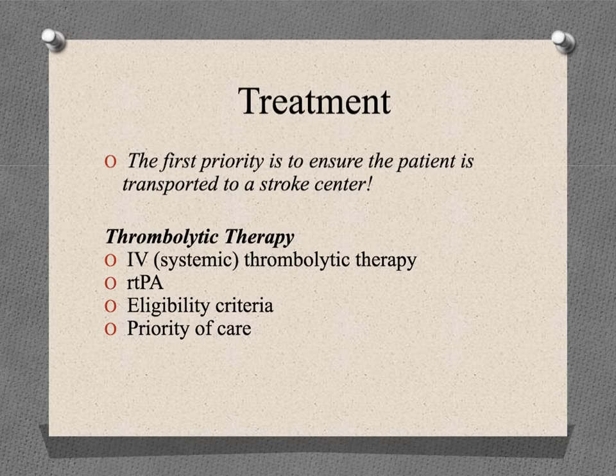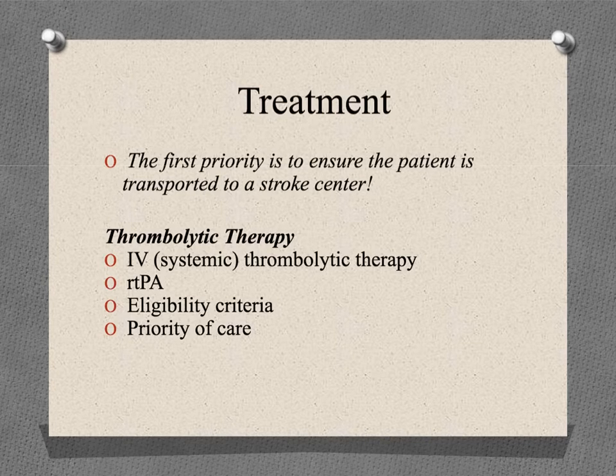There are some other contraindications for thrombolytic therapy. Again, it's if a patient has a history of a stroke in the past or diabetes. If the patient has a baseline National Institutes of Health Stroke Scale of greater than 25.